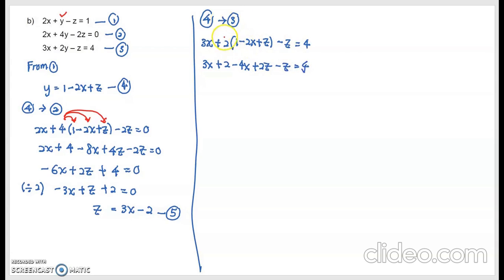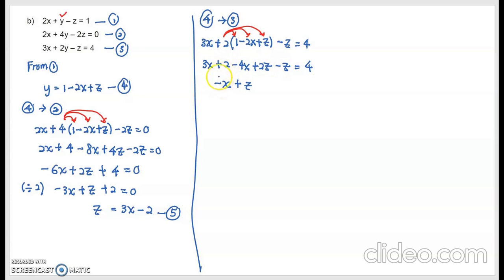So here we try to expand. Now we try to simplify. 3x minus 4x is negative x. 2z minus z is plus z.